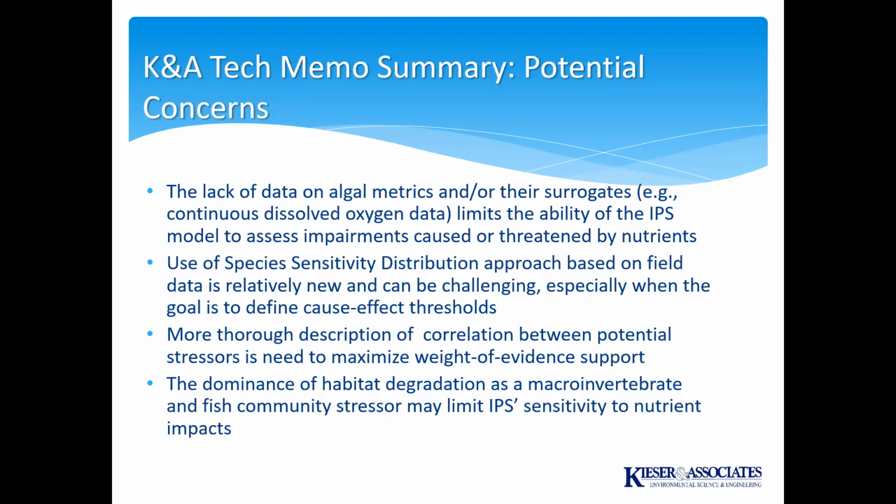Another takeaway for me was that it would be valuable for there to be a more thorough description of correlation between potential stressors. I think that would improve the weight of evidence support.